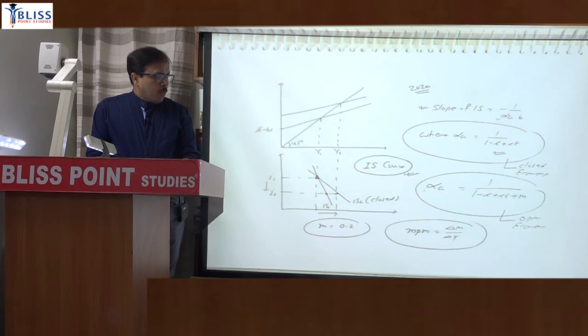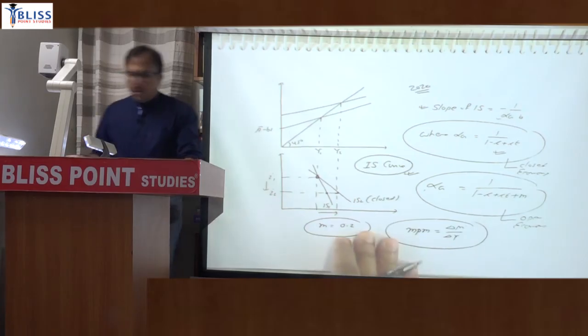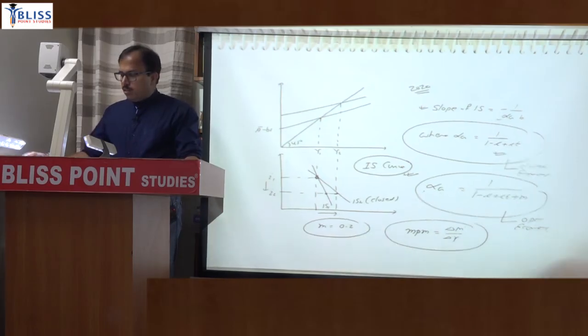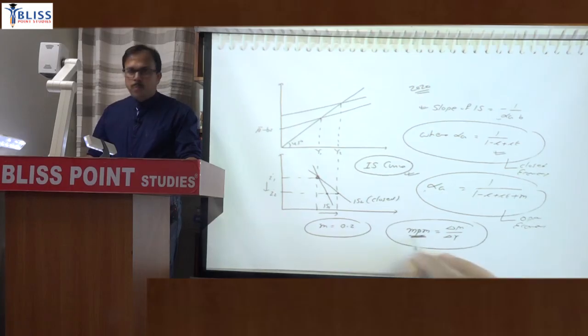Below that, in an open economy, the value of multiplier is less, because a part of income is used to buy foreign produced goods, which is reflected in marginal propensity to import.